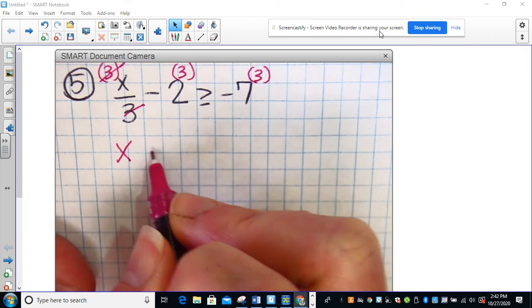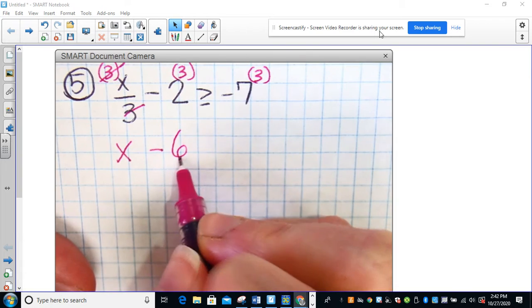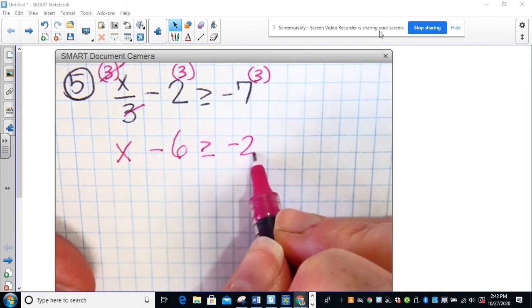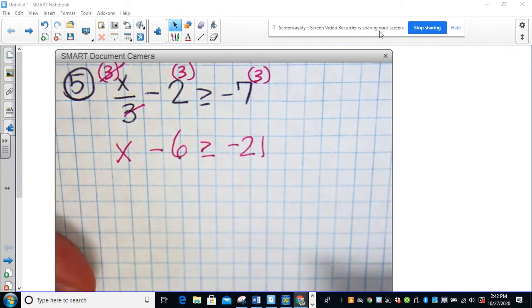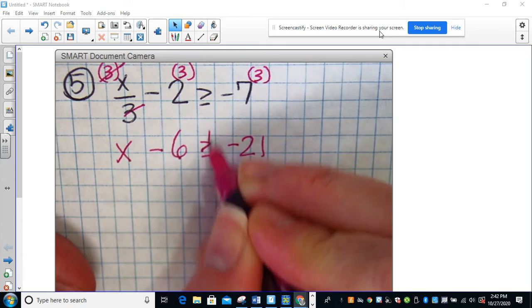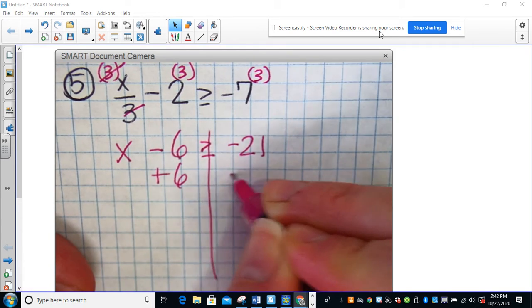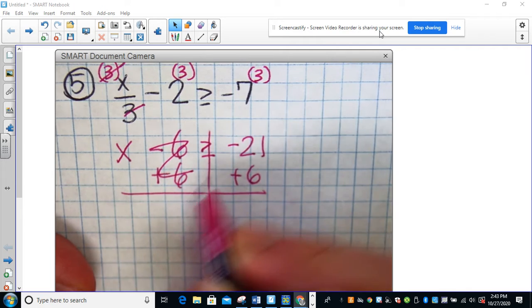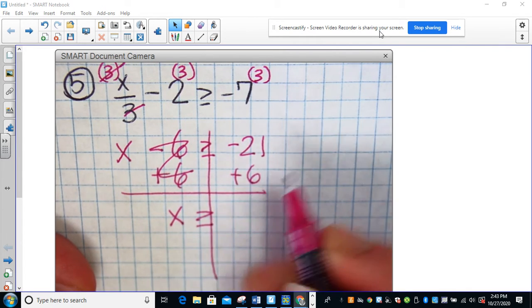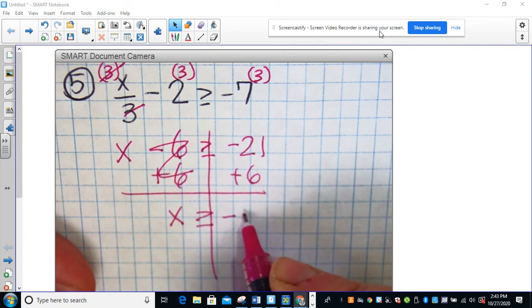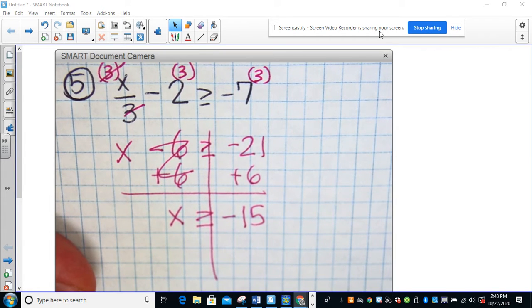So now we have x minus 3 times 2 is 6, greater than or equal to negative 21. So now we're going to just solve it like normal. Add 6 to both sides. That's gone. X is greater than or equal to a negative 15. Negative 21 plus 6, negative 15.